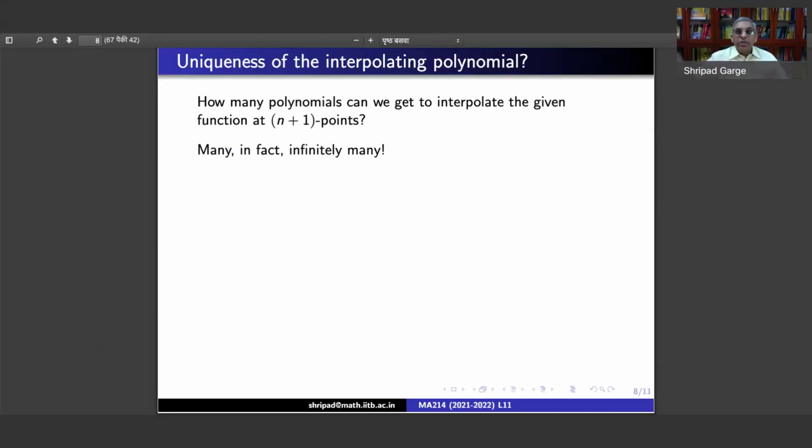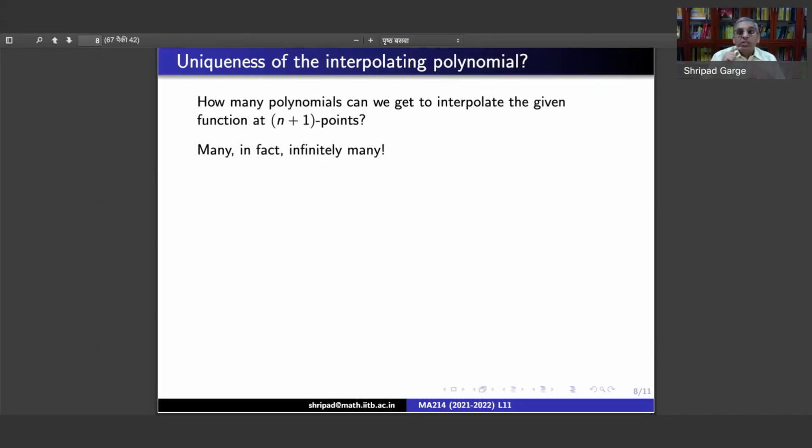So Lagrange's polynomial now will not work for the new data that you constructed with n plus 2 nodes. But Lagrange will then say that, since you have modified the data, let me also modify my polynomial. And Lagrange will give you another polynomial.